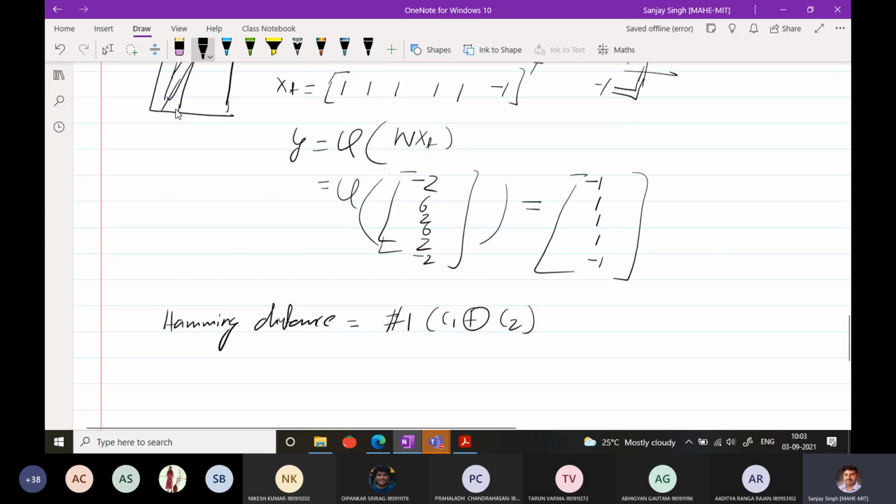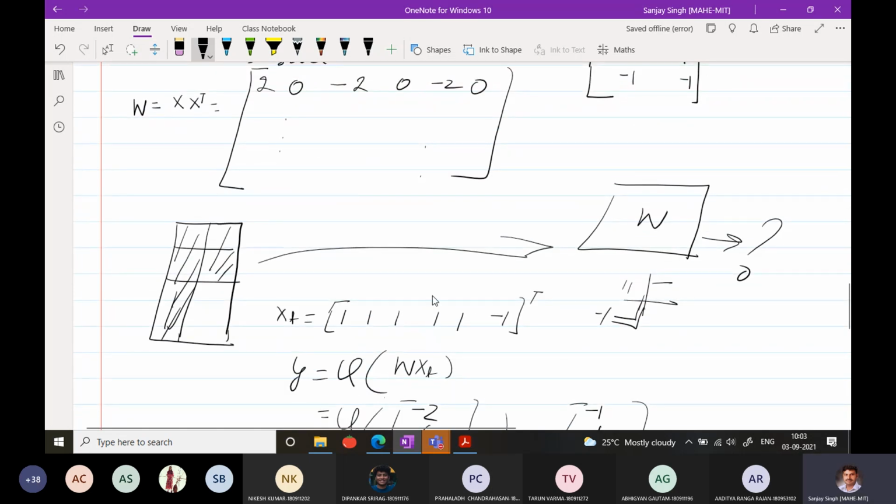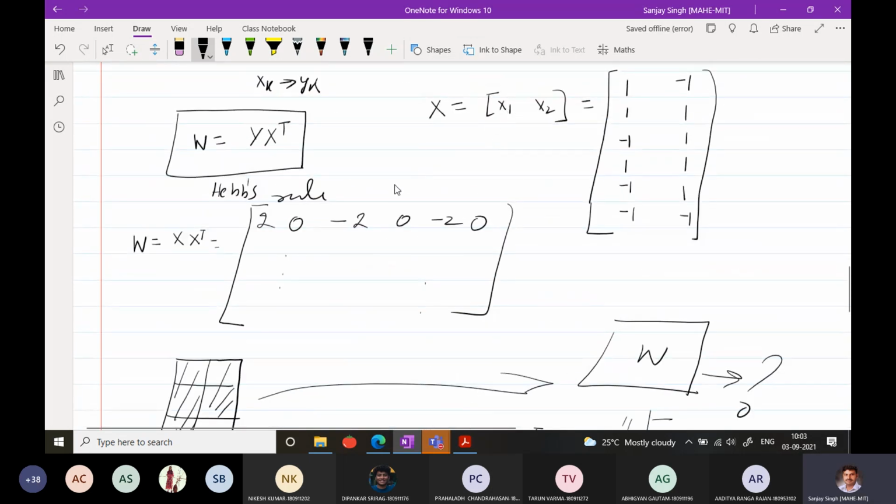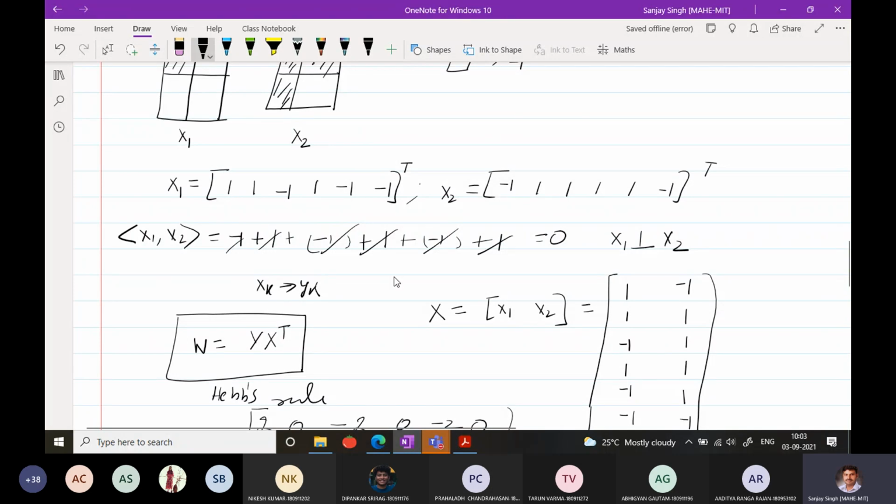So let me quickly come to this one. I'm writing here, for the sake of clarity, 1, 1, 1, 1, 1, -1. Now if you take the XOR of this and this, don't worry about the transpose.